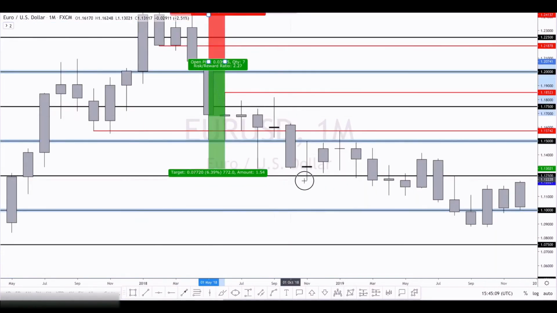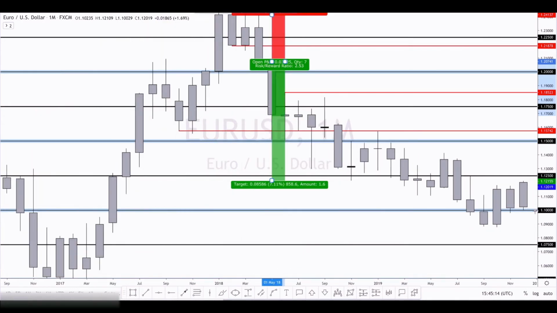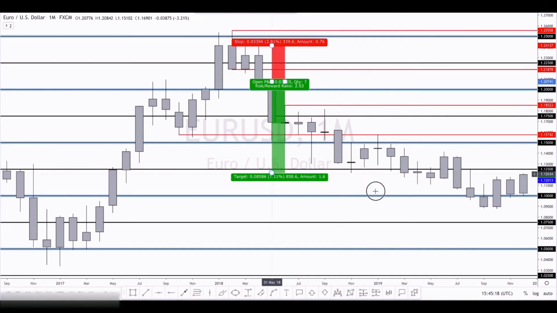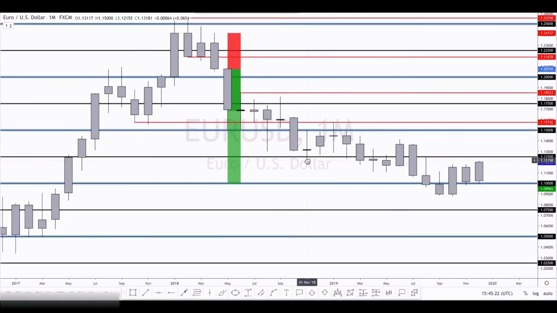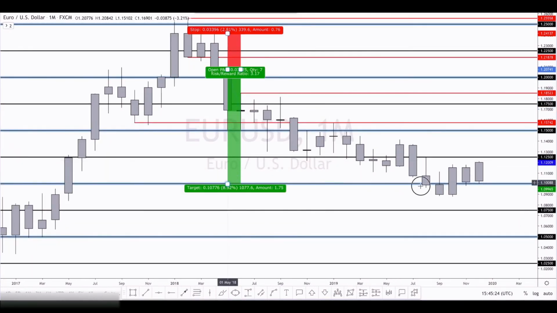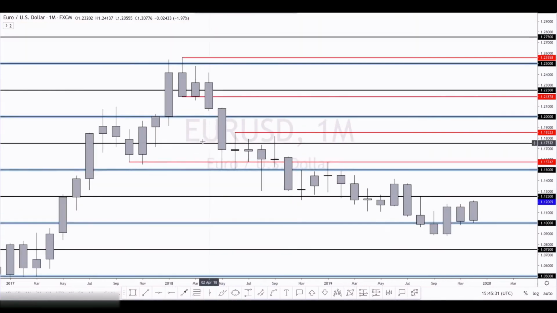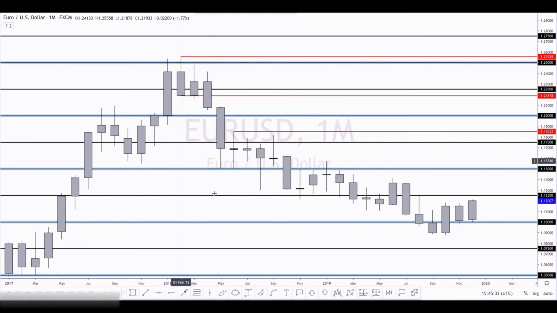Price moves right back down into our next level, which now starts to be a high yielding trade. So you can see we've got a 2.5 return, and then we come down again into our next level. We've now got a 3.1, and at most we would have had a 3.5. That's if you're going with the swing aspect and watching how price structure changes.